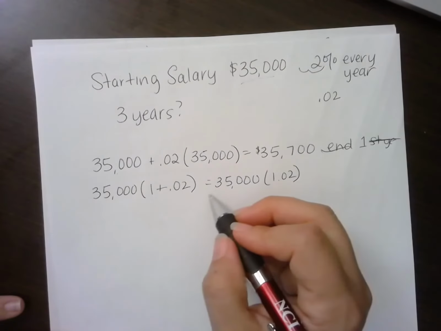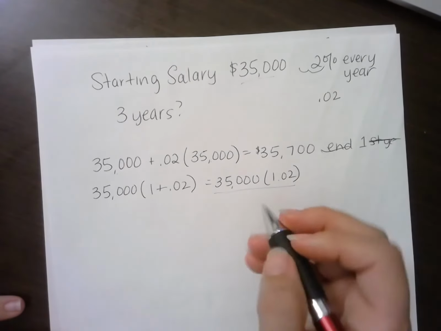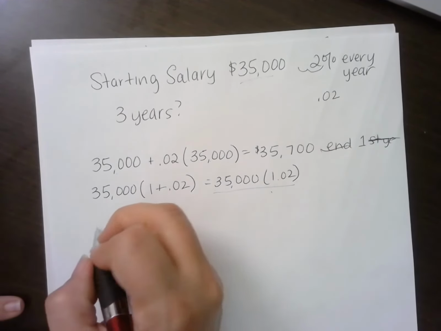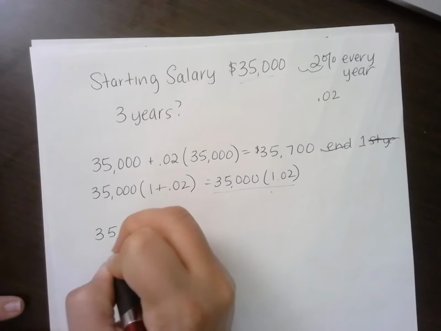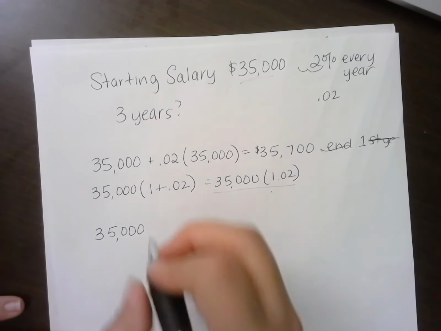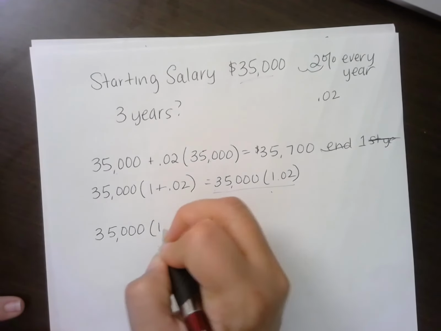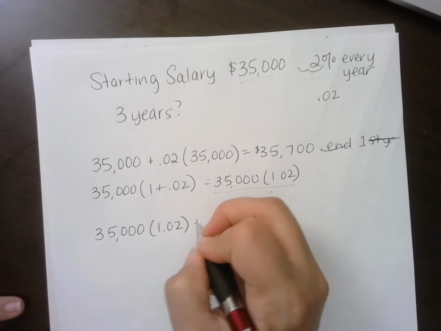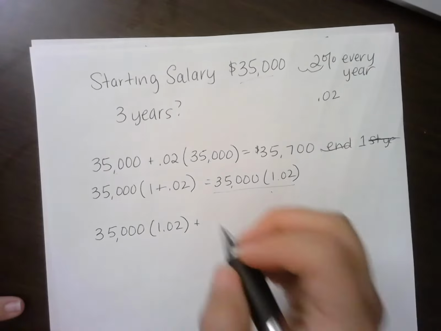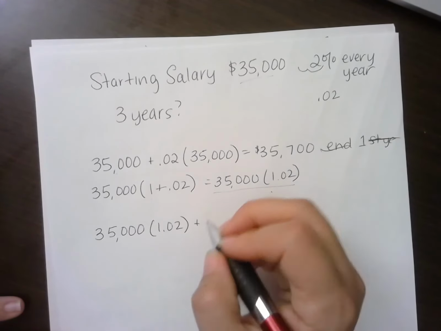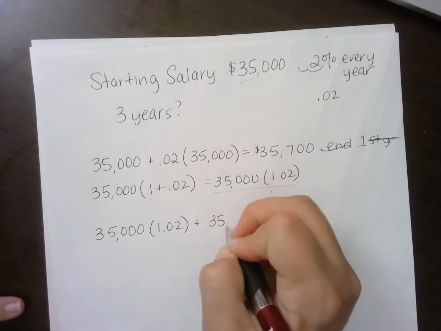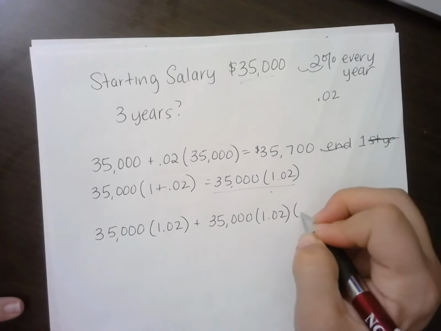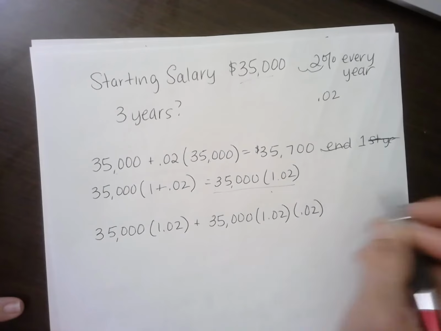Now this is my second year salary. I know that that's equal to this, but I'm going to write it like this. This is the start of my next year's salary, and I'm going to get another 2% raise. So this is my salary now, 35,000 times 1.02, and then I'm going to multiply it by another 1.02.